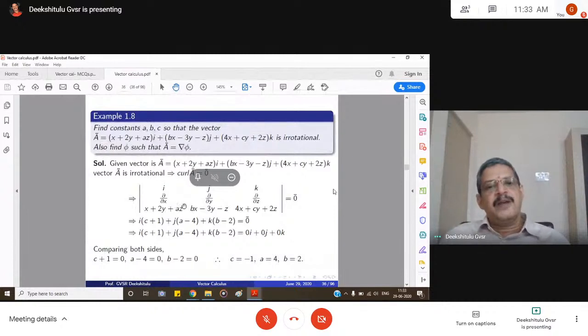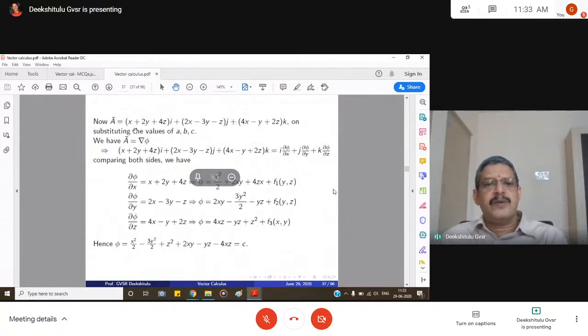Whenever, I repeat, whenever a given vector is irrotational, then we can always find a scalar function phi, called scalar potential, such that this irrotational vector A bar is equal to the gradient of phi. This is a standard problem: whenever a field is irrotational, you will be asked to find the scalar potential.